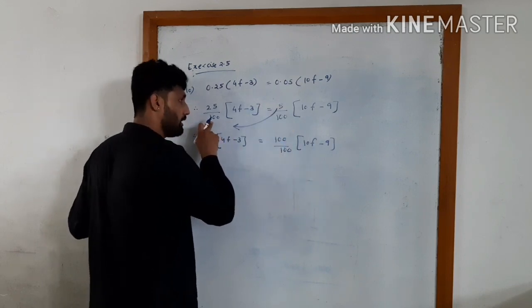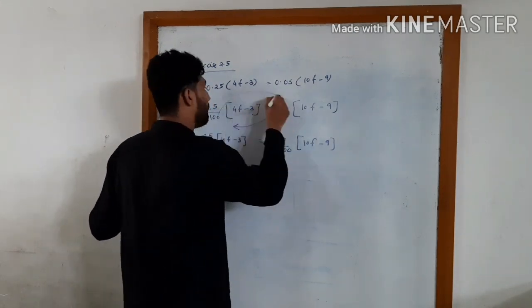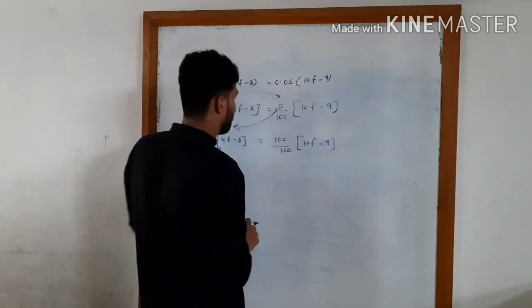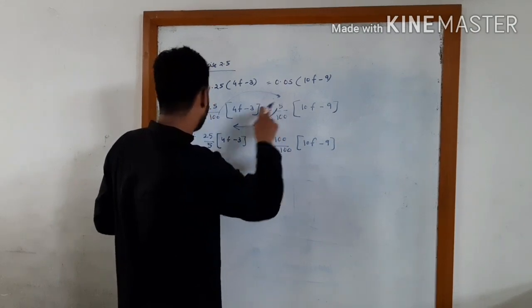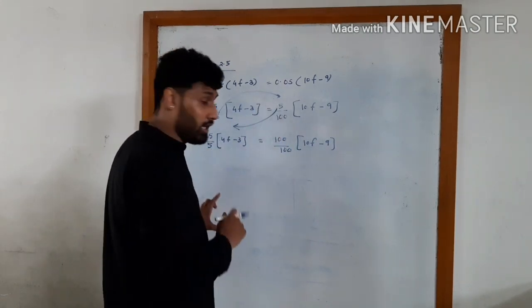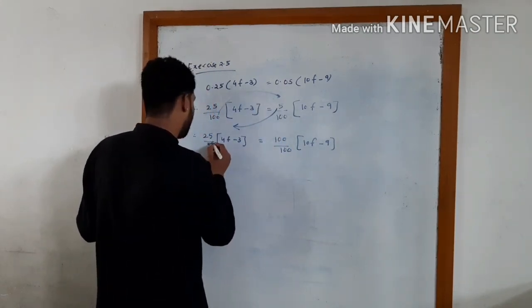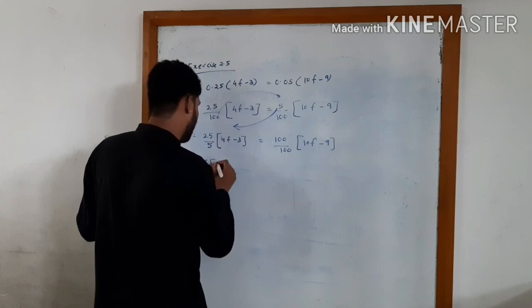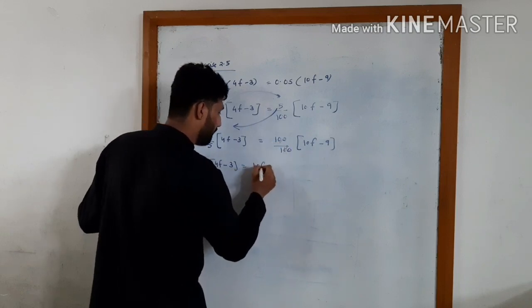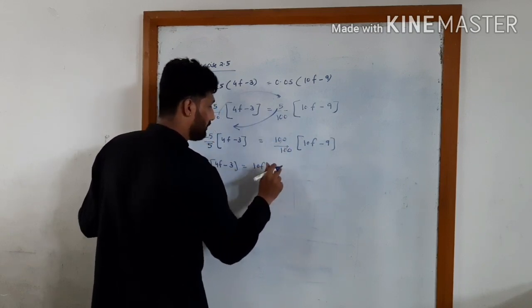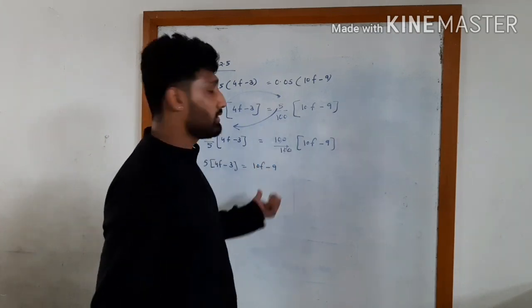I have taken this 100 to this side, so division becomes multiplication. So this 100 is this 100 and this 5 is this 5, right? So now when I expand, I get 25 by 5 is 5 multiplied by 4f minus 3, 100 by 100 is 1 is equal to 10f minus 9, because 1 into anything is the same number.